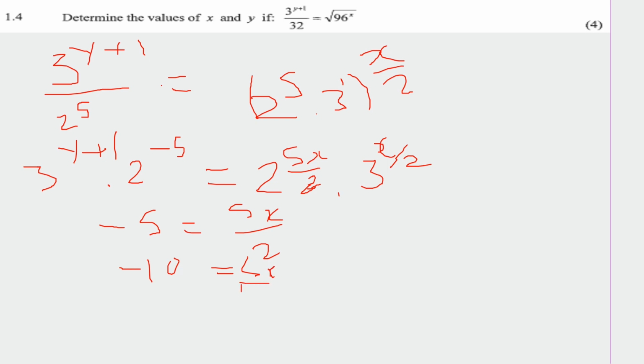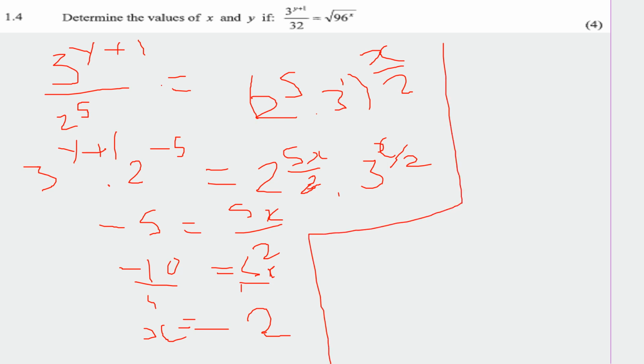Then you divide both sides by 5, and your x value will be minus 2. Please forgive my handwriting. But at least you can hear me, so you can follow me. So now you have your x value as minus 2.